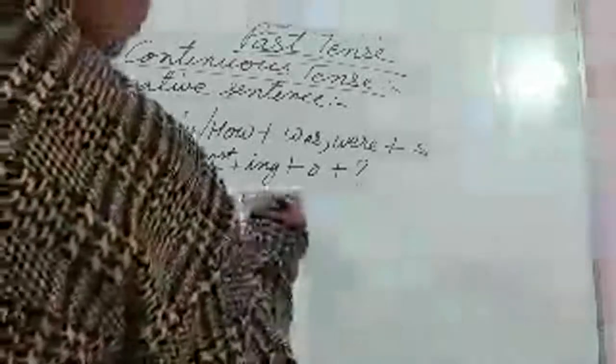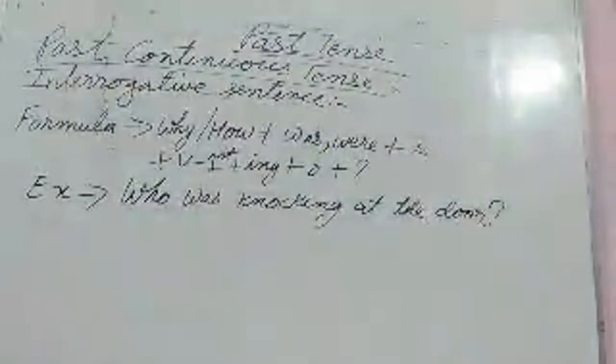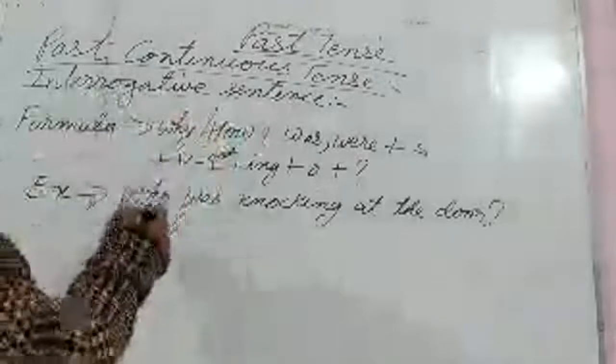The sentence is: who was knocking at the door. According to this formula, who, how, why, when can be asked.